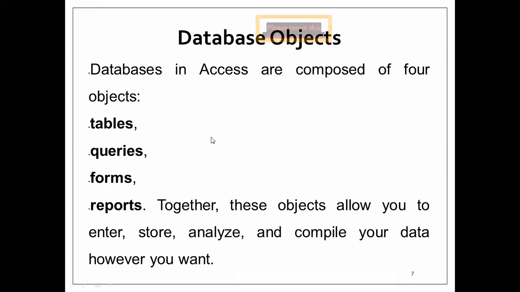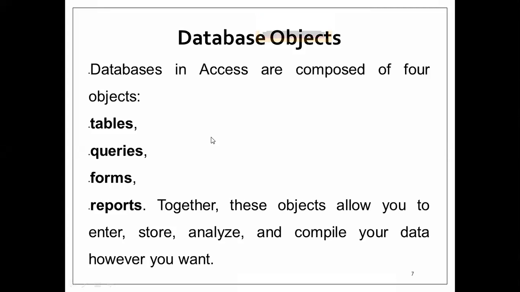And we did say that a database, once being designed, must have, by all means, these four objects. These four objects are what we call tables, queries, forms, and reports. They each can be one. We can have one for each, or we can have more than one for each.